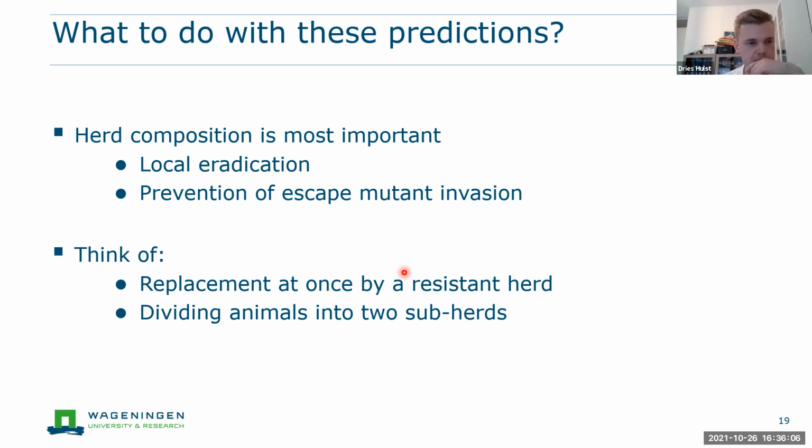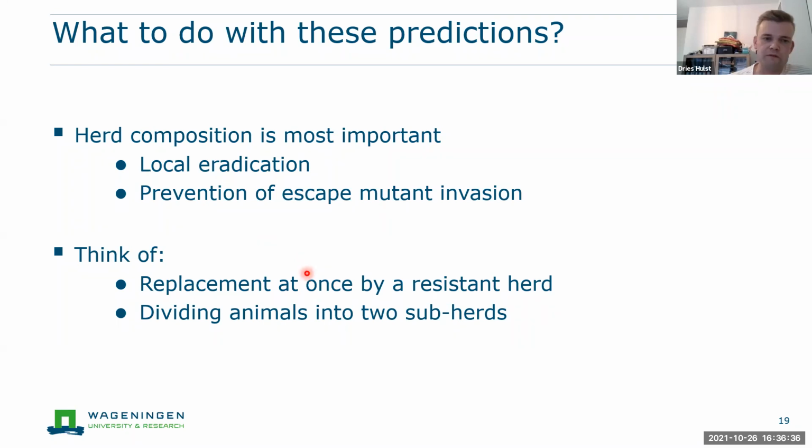So it's probably not very feasible to achieve that through the gradual selection that's usually applied, but you can think of sorting animals. Especially for pigs and poultry, the herds are often replaced at once. So then it should be quite feasible to get a herd in which the fraction of resistant hosts is high enough.